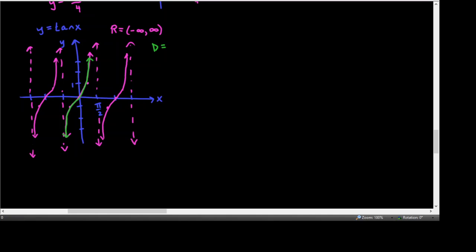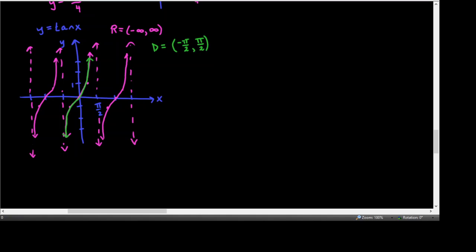And it goes from -π/2 not inclusive, because there's a vertical asymptote there, to π/2. That's the domain restriction we're going to have.